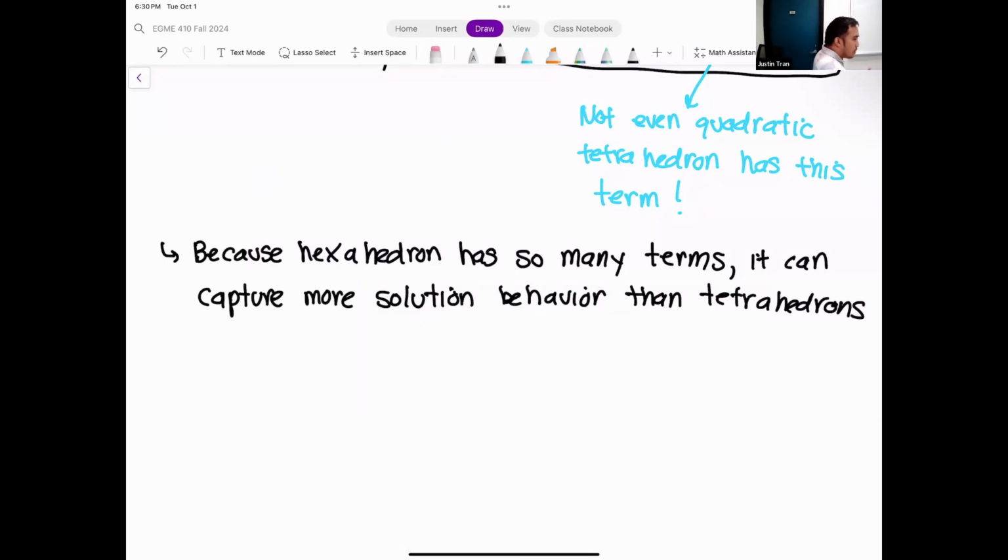We already discussed this, but this is the mathematical reason why. In particular, hexahedrons really excel in situations where you have cross-term behavior, right? So solutions that depend on a combination of X and Z, X and Y, Y and Z, or all three. Hexahedrons are really good at that.